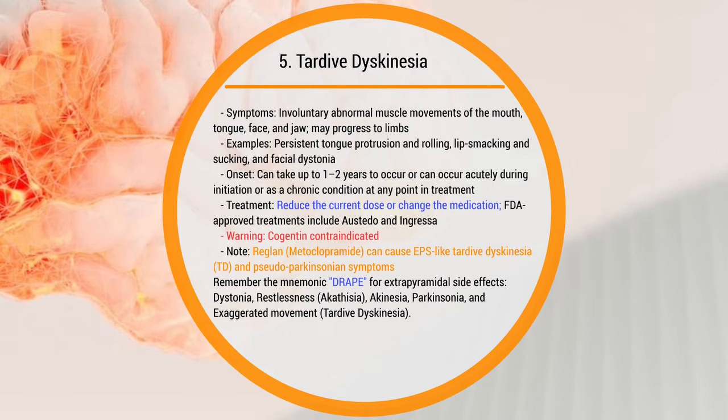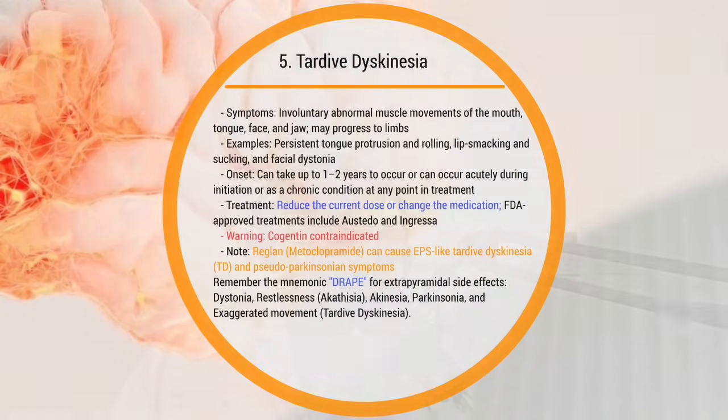So your action is to decrease the dose or change to another antipsychotic. That being said, which antipsychotics are known to be less prone to EPS symptoms? Well, in practice, when the patient develops EPS, I like to go with clozapine.